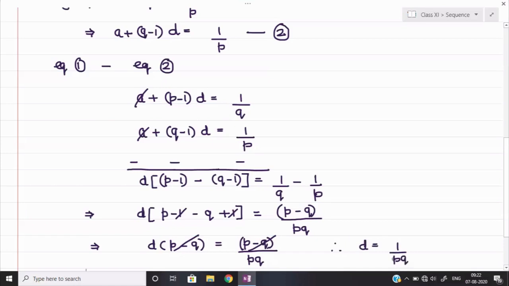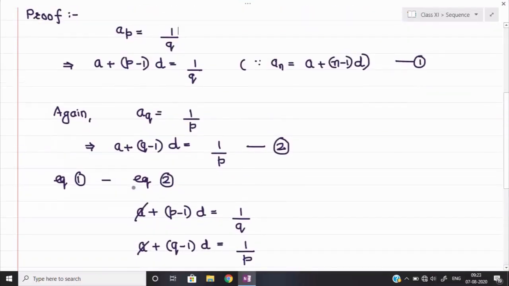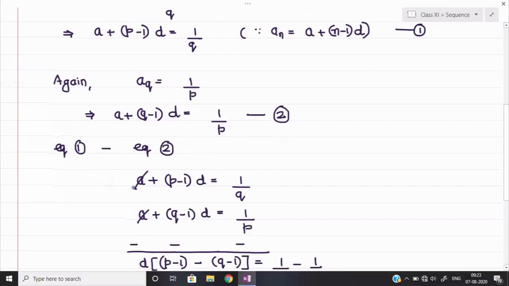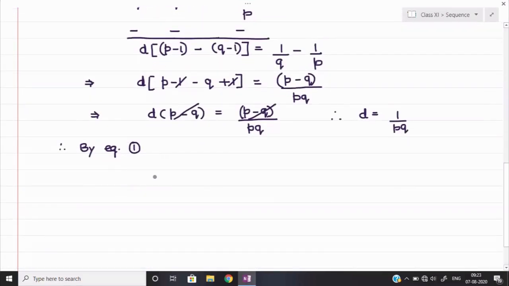Okay, now the value of d I am keeping in equation number 1. So we shall say, therefore, by equation first. Equation number 1, we'll see once what we have written there. Equation number 1 is a plus p minus 1 into d is equal to 1 upon q. So let us write down the equation. A plus p minus 1 into d.